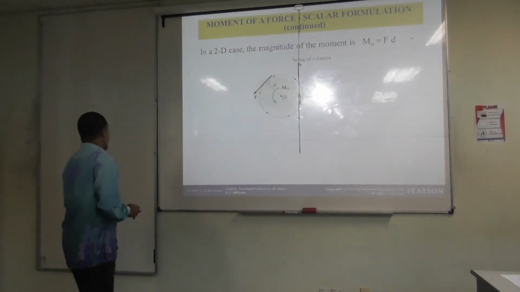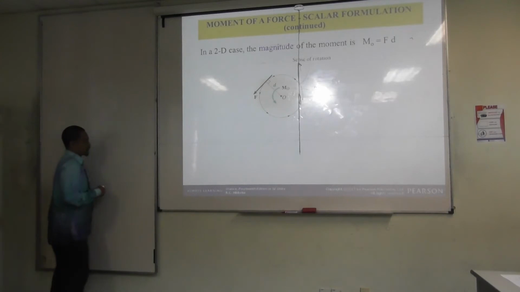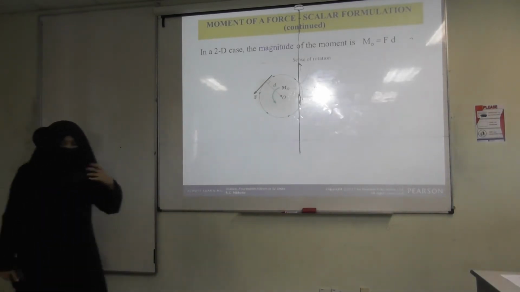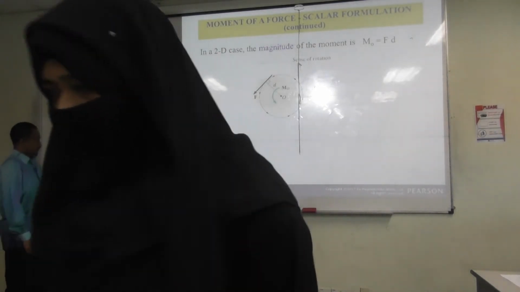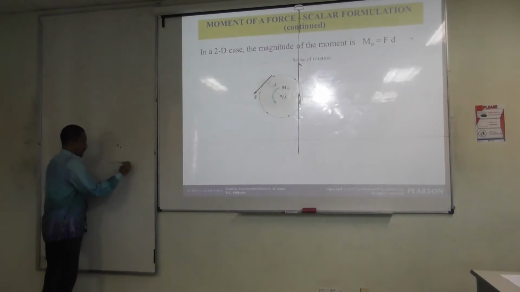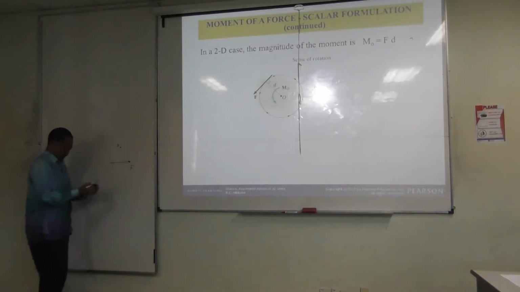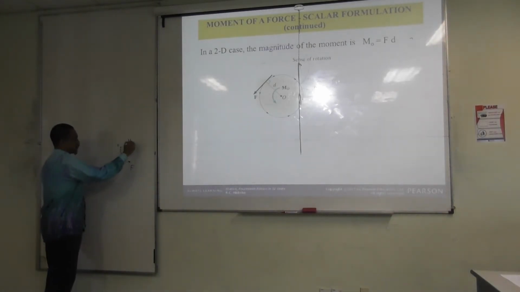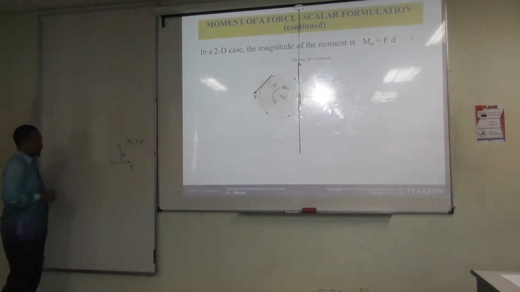Let me draw it here. If we have a point O, and then a force here, then there should be the perpendicular distance D, so the moment about point O is given by F times D. This is a scalar quantity.